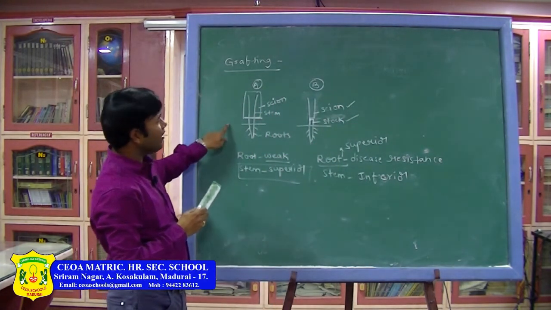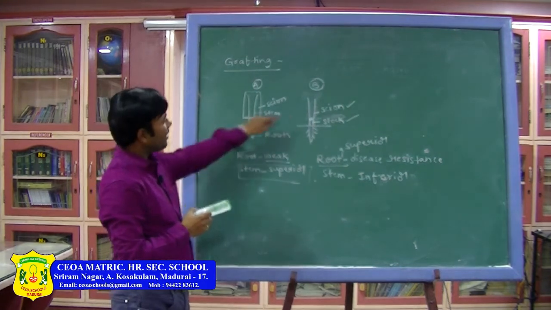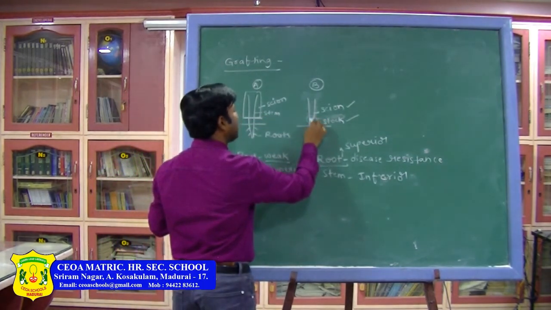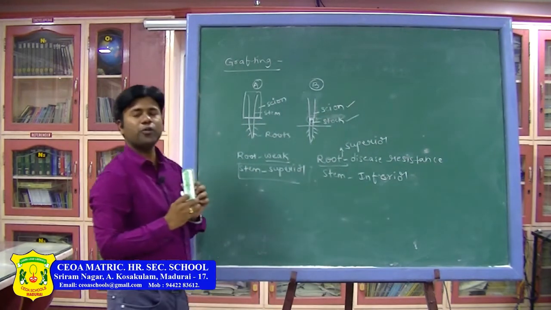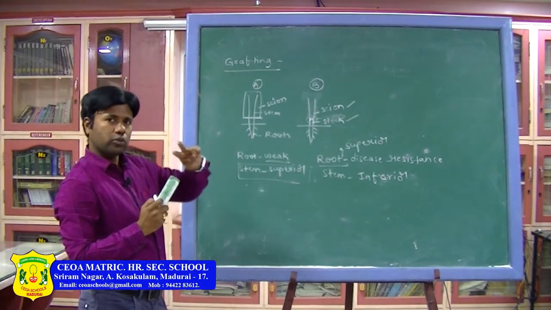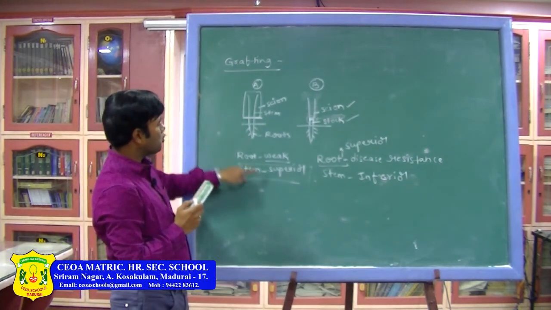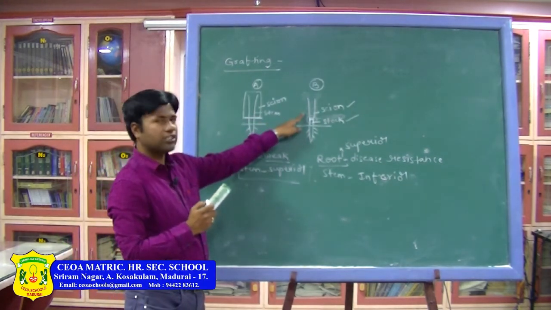What has happened in this process? Scion and stalk both are united and it grows as a new plant. So we now have two superior characters. Here the stem is superior, and that stem is transferred to here.